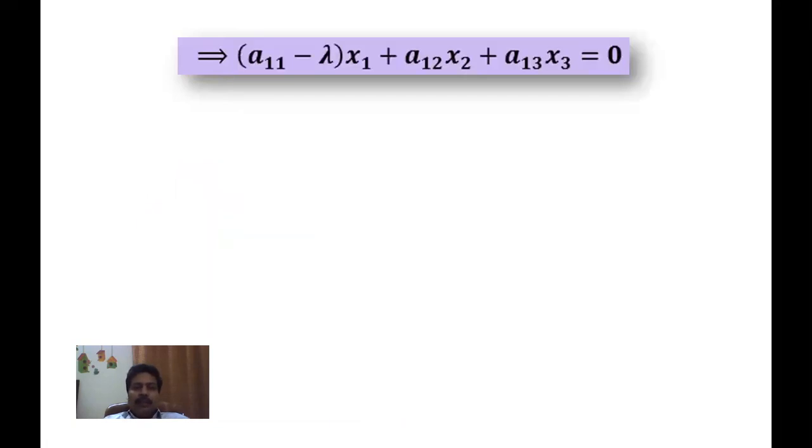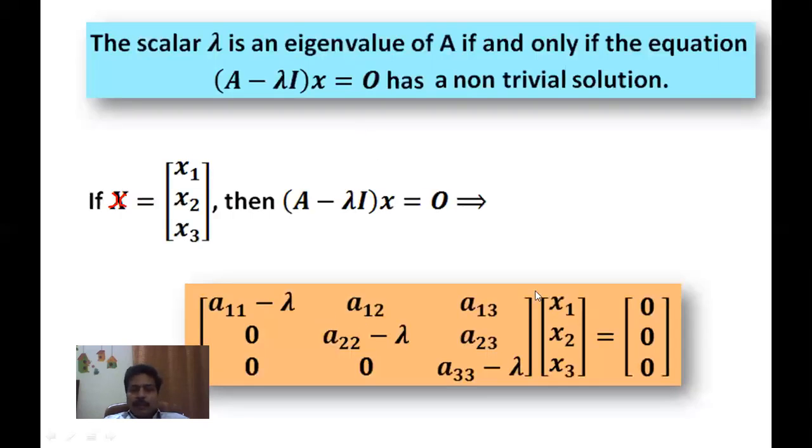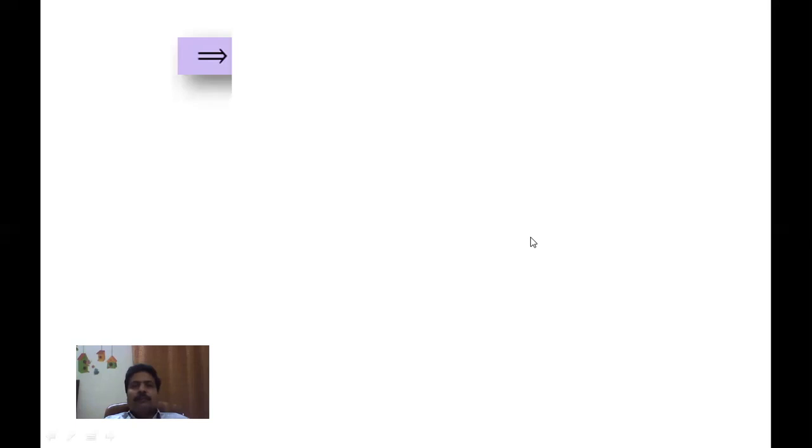The equivalent equations are, from the first row: (A11 minus lambda) x1 plus A12 x2 plus A13 x3 is equal to 0. That is our first equation.